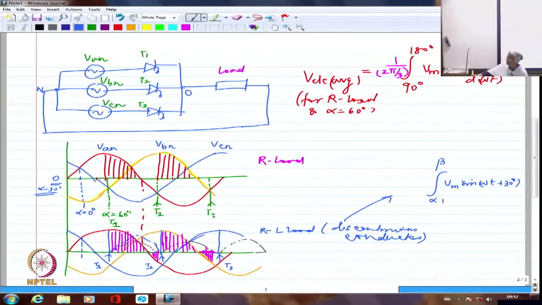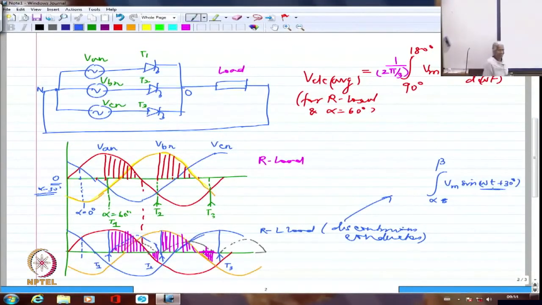So specify VAN, VBN, VCN properly with respect to alpha if I am taking the limit with respect to alpha. So alpha equal to 0 is omega t equal to 30 already. That is the reason why I am twisting this expression a little bit, because it becomes omega t plus 30.